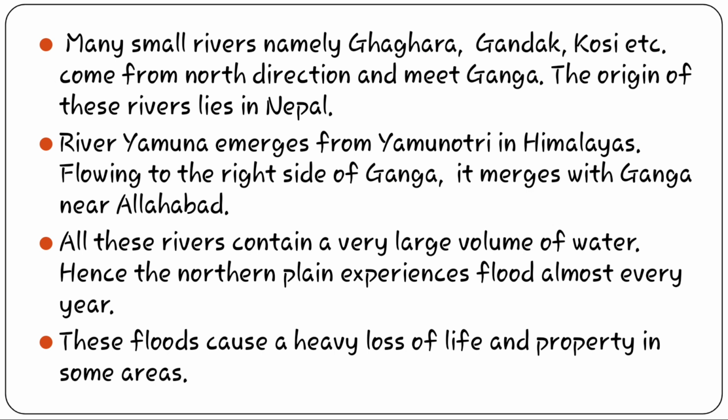River Yamuna emerges from Yamunotri in the Himalayas. Flowing to the right side of Ganga, it merges with Ganga near Allahabad. All these rivers contain a very large volume of water. Hence, the northern plain experiences flood almost every year. These floods cause a heavy loss of life and property in some areas.